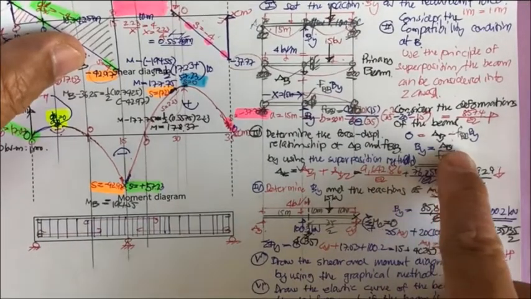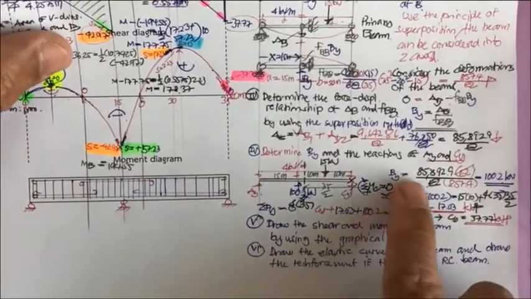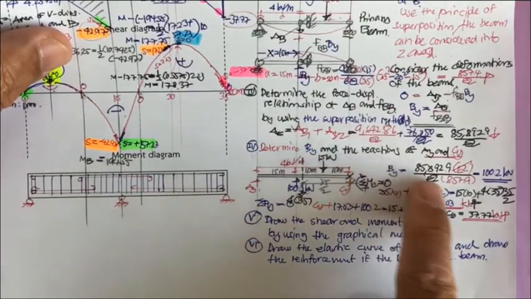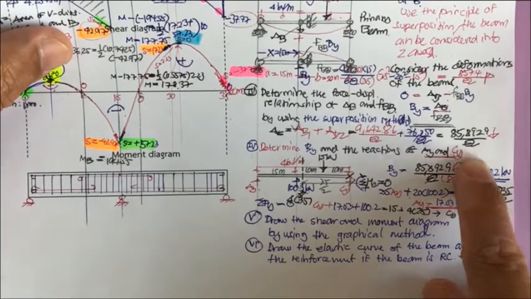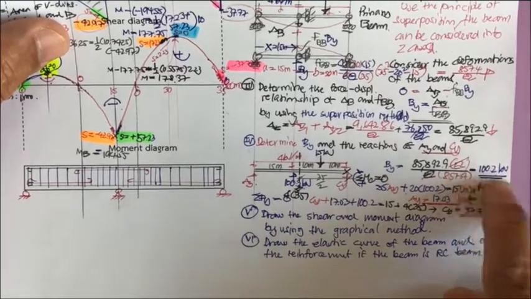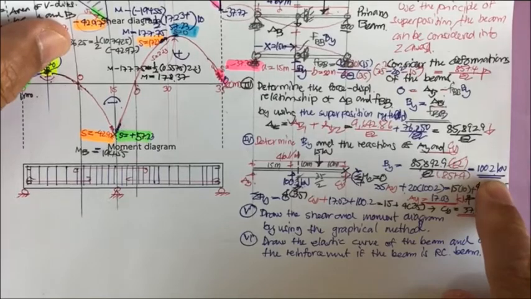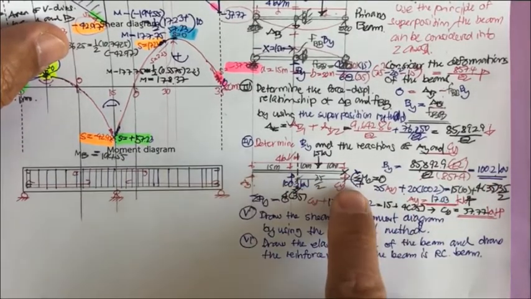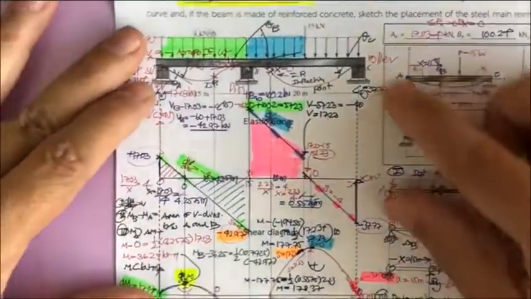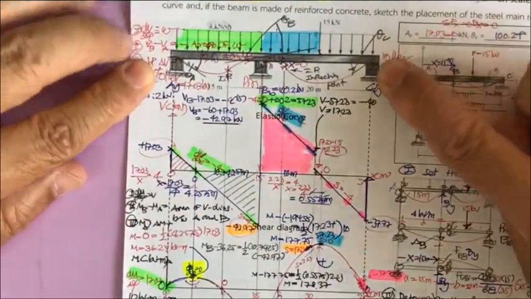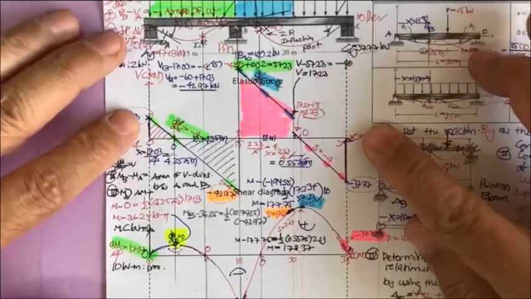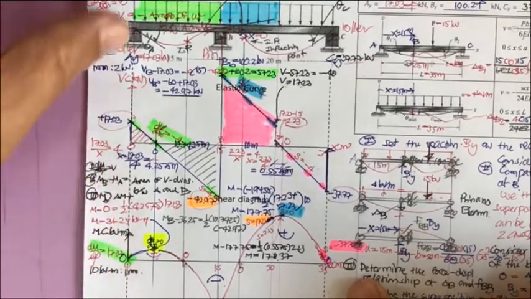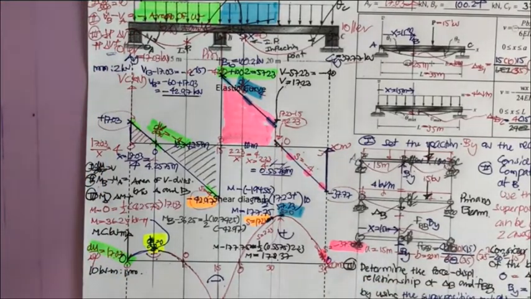Then you determine the delta sub b and f sub bb by the superposition method, and then you get the delta sub b and f sub bb. You put into this equation, the B sub y is 100.2, and then you can determine A sub y, C sub y, and after that you just put into this beam to draw the shear diagram and moment diagram by using the graphical method, with very good scaling.